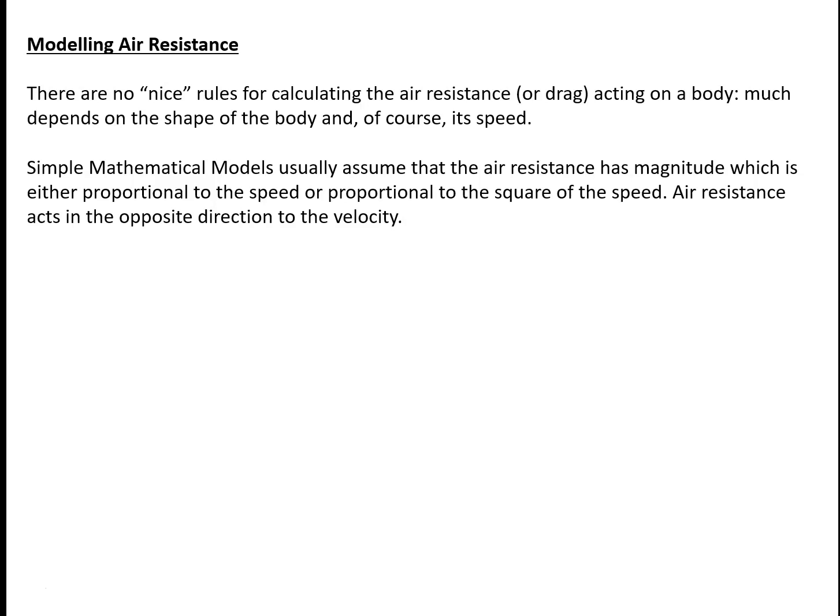For the simple mathematical models that we'll be considering, the air resistance is assumed to have magnitude which is either proportional to the speed of the object or to the square of the speed of the object. Air resistance will obviously oppose the motion of the object, so it will act in the opposite direction to the velocity.